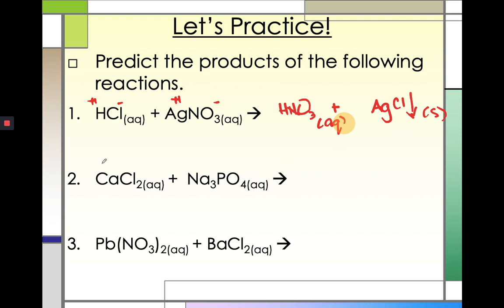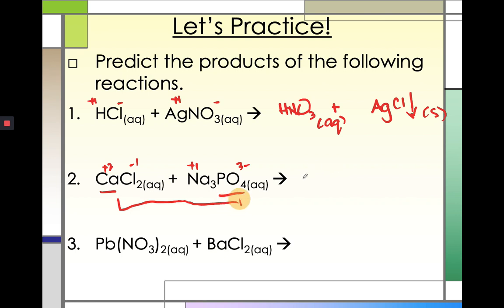All right. So in the second example, calcium has a charge of +2 and chlorine has a charge of -1. Just refer back to your periodic table. And then sodium has a charge of +1. The whole phosphate ion has a charge of 3 minus. So once we pair up the metal and the non-metal, calcium pairs up with the phosphate ion, the negatively charged particle.